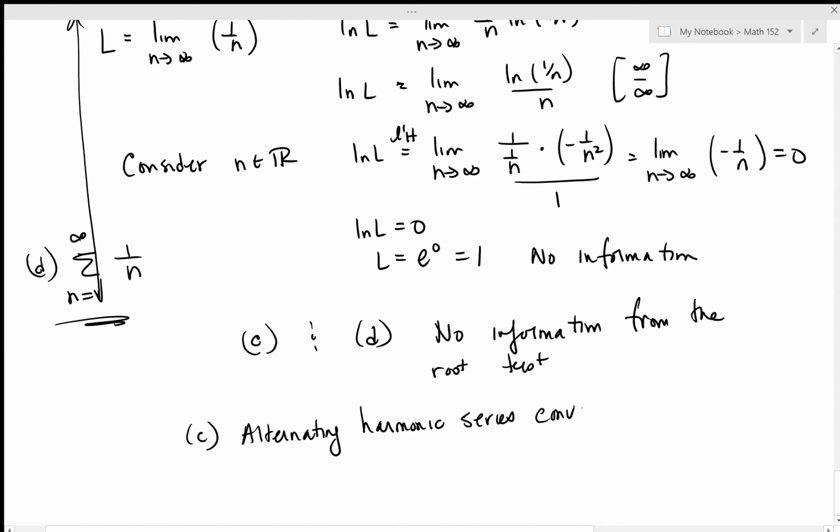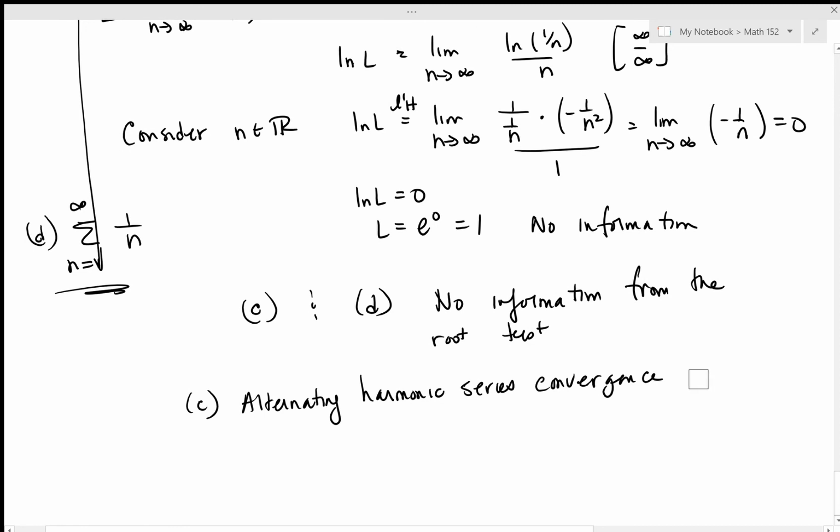And in fact, the type of convergence is conditional. And we could use here the alternating series test.